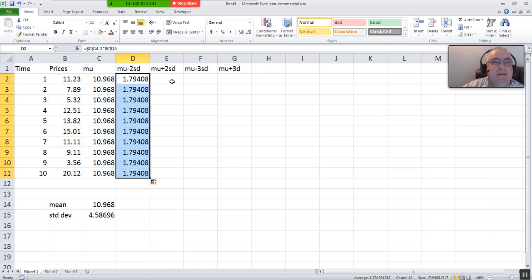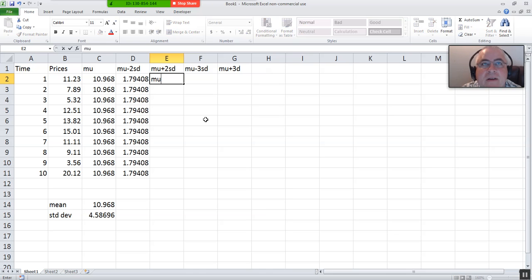And fill that down. Now here, I'm going to do mu plus 2 standard deviations: equals $C, $14, plus 2 times my standard deviation, which is $C, $15. So it looks like that.